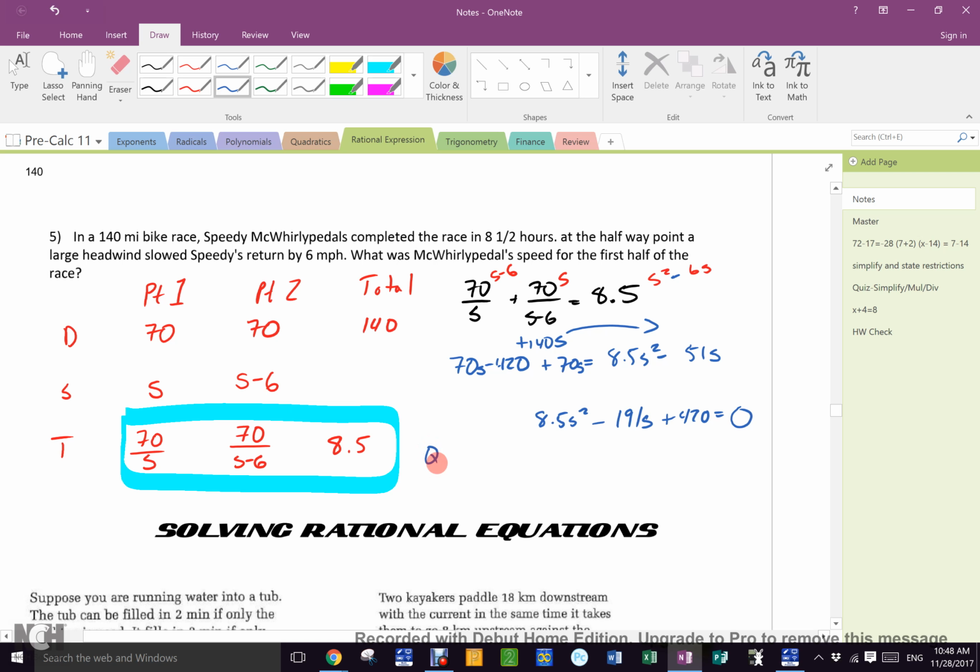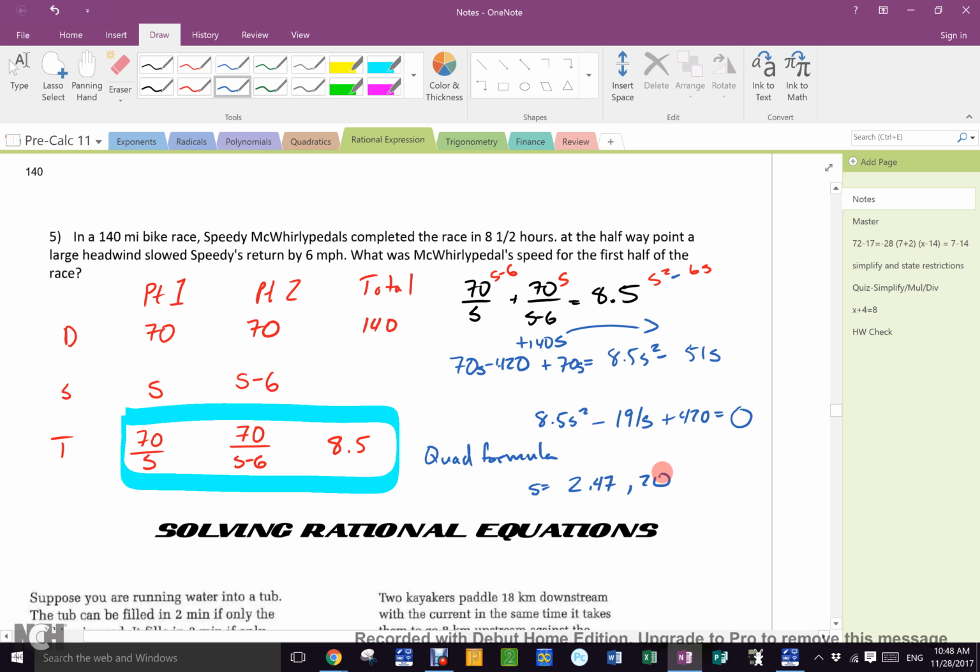We end up with S equals 2.47 and 20. Which one is the right answer? 20. Why? He'd be pedaling backwards there. Is the wind strong enough to blow him backwards?